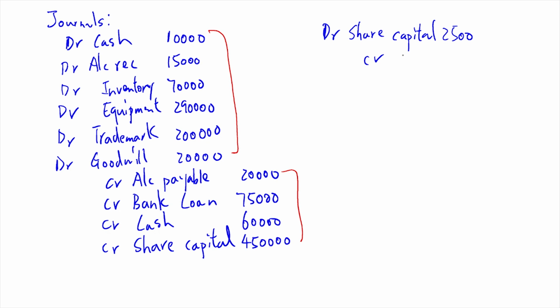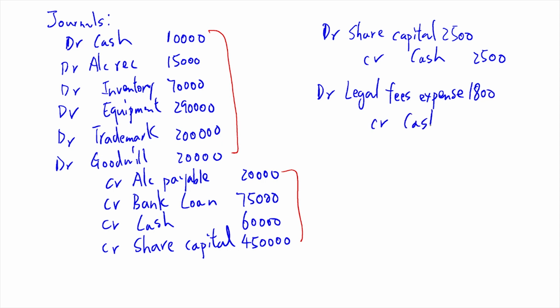We debit share capital, 2,500, and then credit cash, 2,500. After that, we also want to recognize the acquisition cost as well. Once again, this is a legal fee expense. In this case, that's 1,800, and then we credit cash of 1,800 as well.